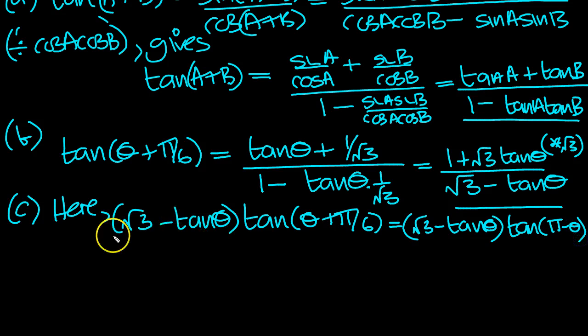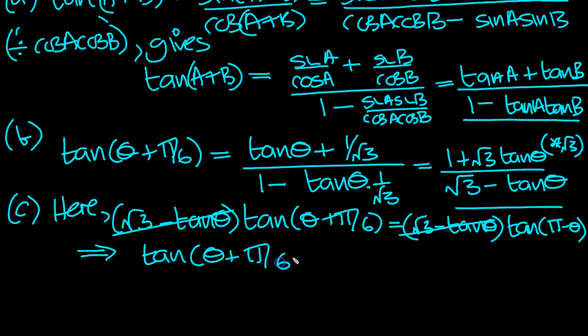There we go. So we can cancel out what's common both sides, and that tells us here that tan of theta plus pi over 6 is equal to tan of pi minus theta.